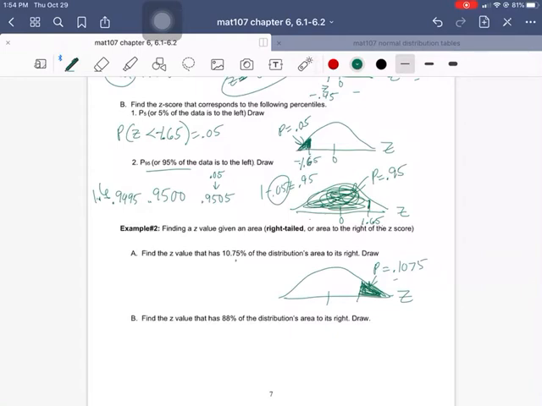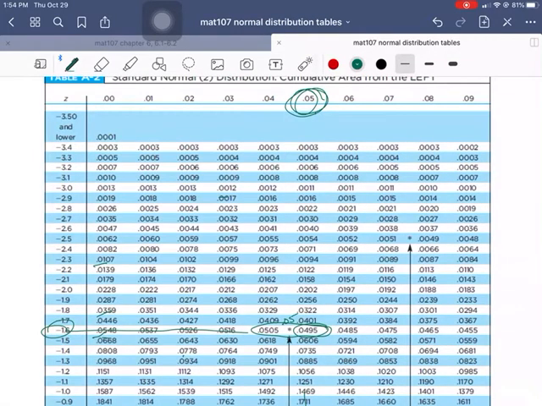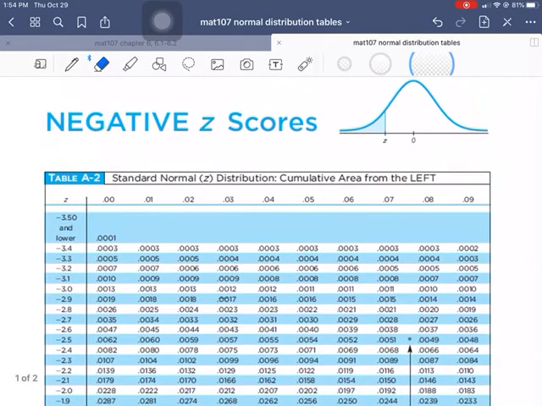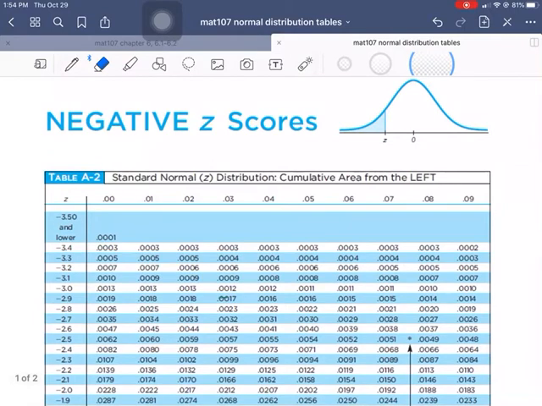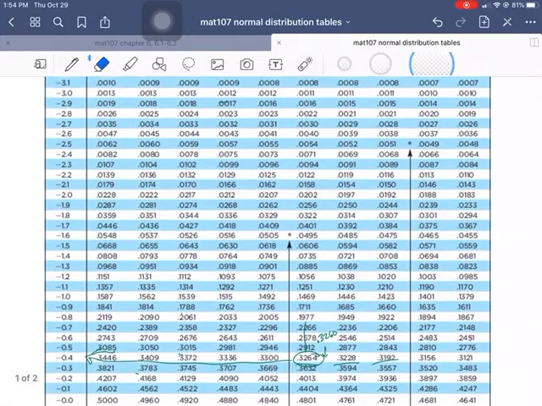The problem is if I look up the 0.1075, I'm not going to be on the positive side. So there's two ways you could do this. You could look up 1 minus 0.1075 in the positive table. In the negative table, let's look for 1 point.